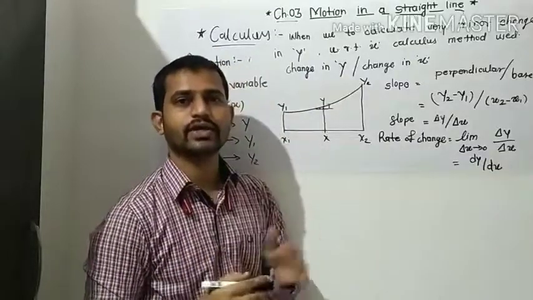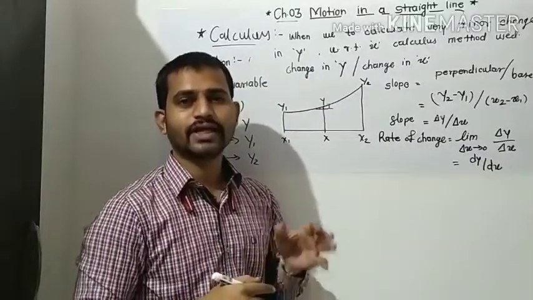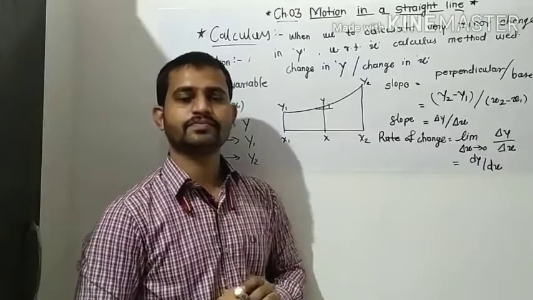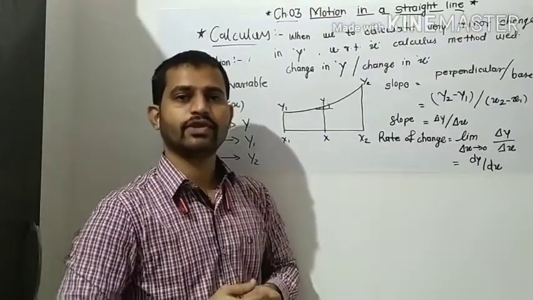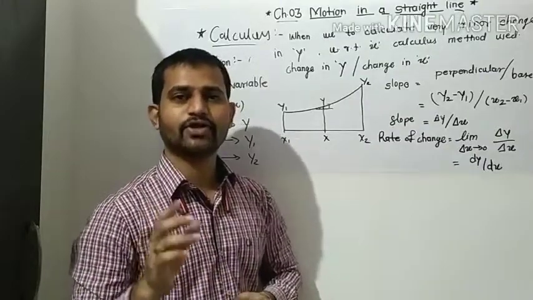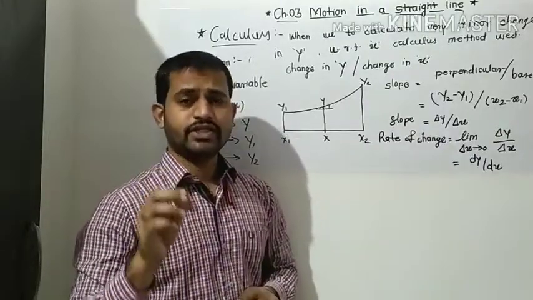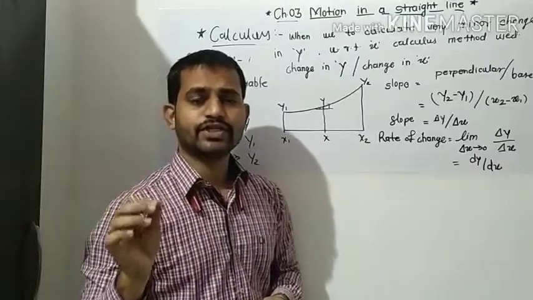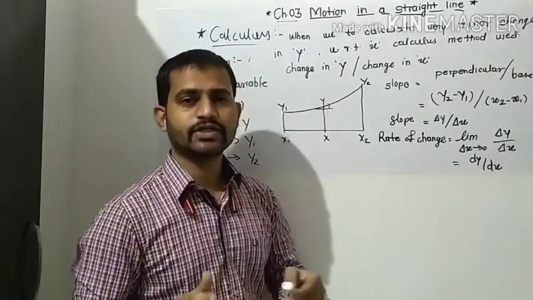So what we are doing here is calculating the exact value of the change in the physical quantity with respect to the change in the basic quantity. What is the basic quantity here?